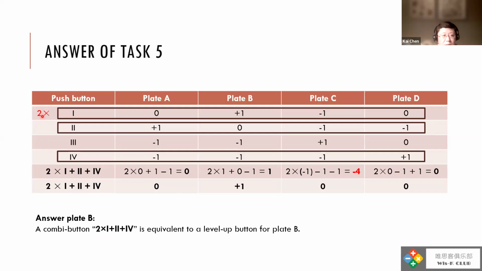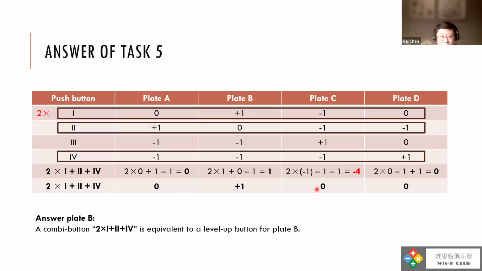Because here we have 2 times, for all the calculations we have 2 times 0, 2 times 1, 2 times minus 1. We do the same, we sum them up, and we find that by this combination, place A will get 0, place B gets plus 1, place C gets 0, because actually place C you get minus 4, but minus 4 is equivalent to 0, right?